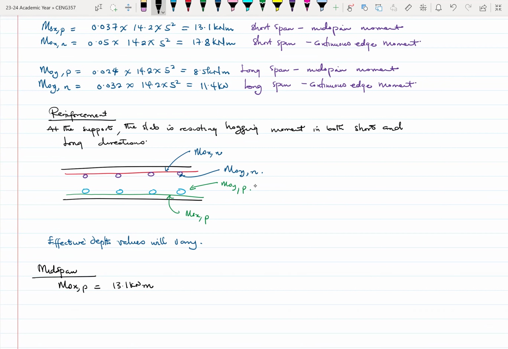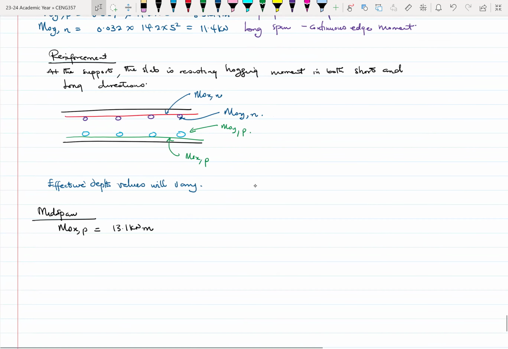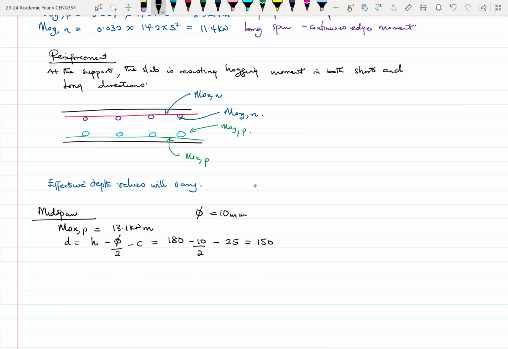Let's calculate our effective depth. D will be equal to H, which is our height, minus phi/2, which is half the diameter of the rebar, minus C, which is the cover, and that will be 180. Let's assume that phi is 10. Let's say I'm using 10 mm for the rebar. So it becomes 180 minus 10/2 minus 25, and this should give us 150 millimeters.